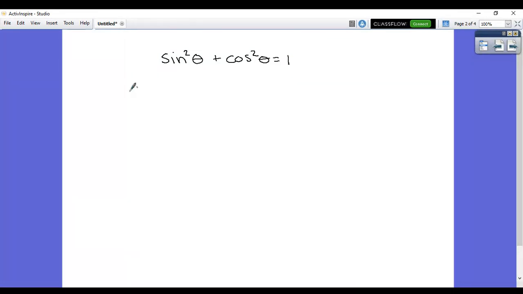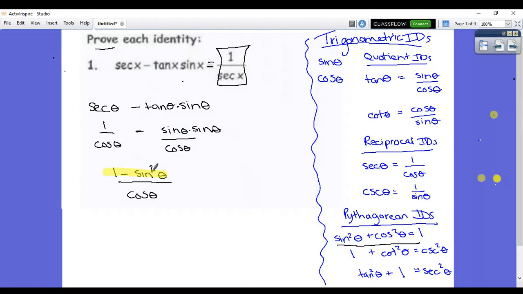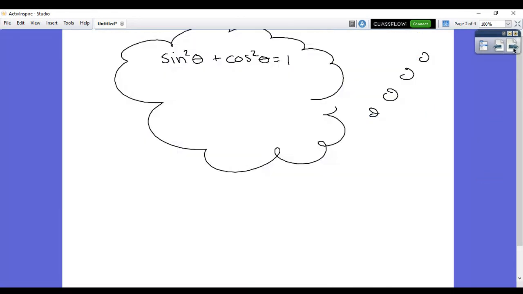This usually is something that goes on in my head, like my brain thought bubble, but I know some people like to just do it on paper. So 1 minus sine squared, if I wanted it to say 1 minus sine squared from the original one, what would I have to do?